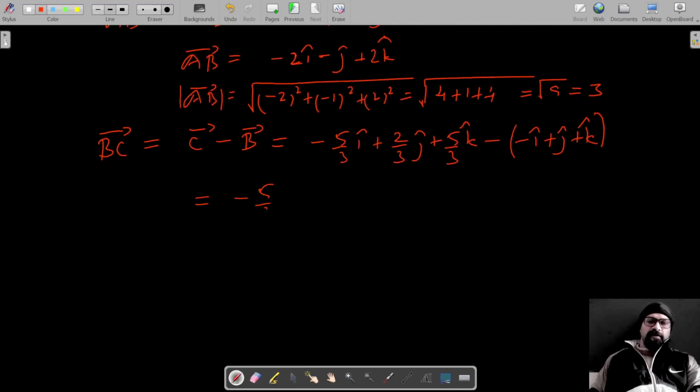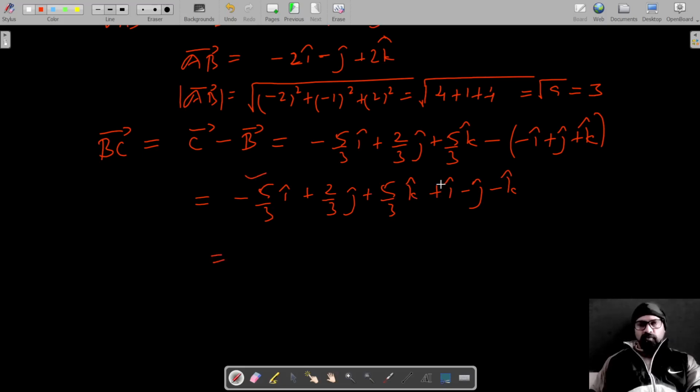Let me open up the bracket and simplify this. Minus 5 by 3 i cap plus 2 by 3 j cap plus 5 by 3 k cap plus i cap minus j cap minus k cap. Negative 5 by 3 plus 1 is negative 2 by 3 i cap, and 2 by 3 minus 1 is negative 1 by 3 j cap. 5 by 3 minus 1 is 2 by 3 k cap.